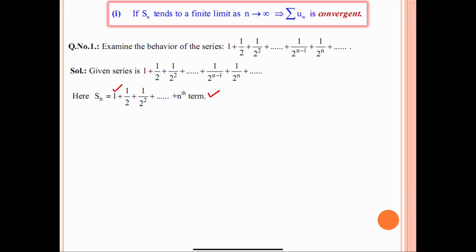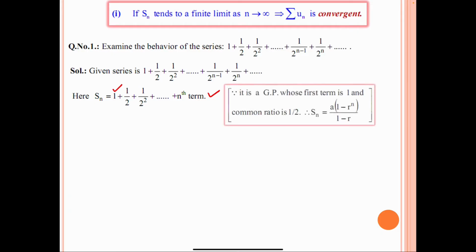Then you can write Sn by using the formula a into 1 minus r power n divided by 1 minus r. So Sn is equal to, in this case, 1 into 1 minus 1 by 2 power n divided by 1 minus 1 by 2. Just simplifying the right side, we get 2 into 1 minus 1 over 2 raised to power n.